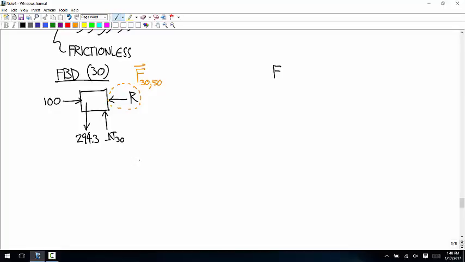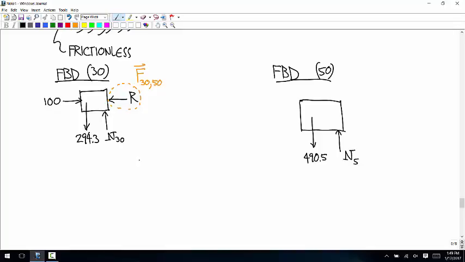And now the free body diagram of the 50. There's the weight of 50 times 9.81. There's the normal force. We'll call that N50. There's the force that the wall applies to the box.